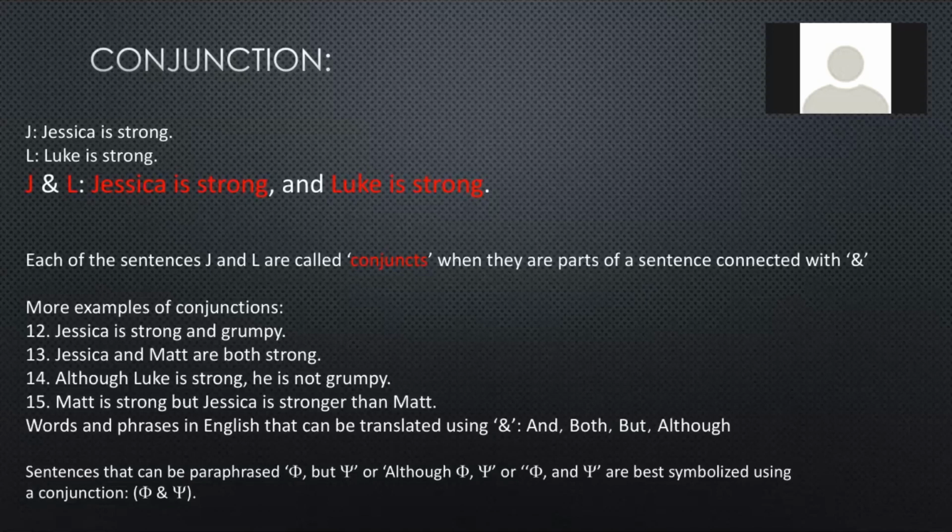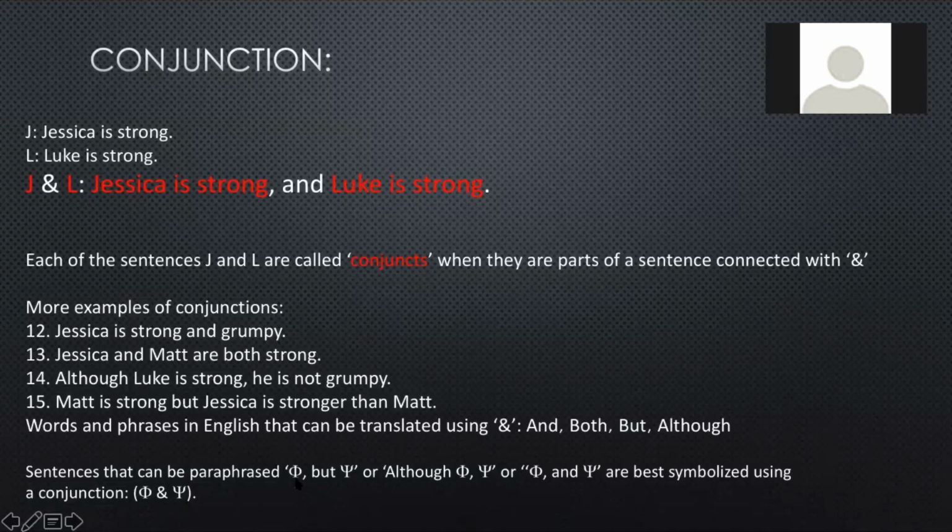Sentences that can be paraphrased as phi but psi, or although phi, psi, or phi and psi are best symbolized using a conjunction. So using the symbol phi and psi.